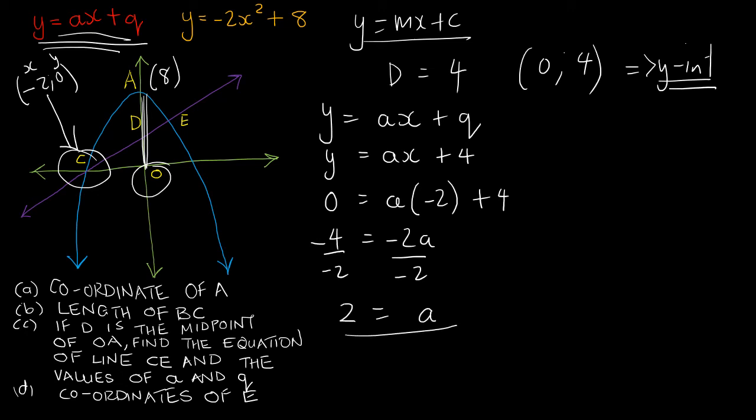So we've got a to be 2. We've got our q value, and this is what they asked us to work out. So now we've got the equation of our line: y is equal to ax plus q, so it'll be 2x plus 4. And that answers the question.